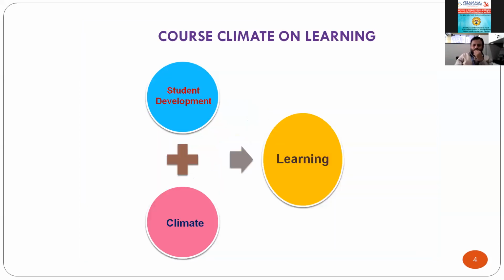Okay, so next one, course climate on learning. So how to learn? Based on the student development, which I have already mentioned in the previous slide, different types of beliefs and memories. Okay, like that. Plus climate. So that climate means the classroom climate. So nowadays we have different types of online classes.